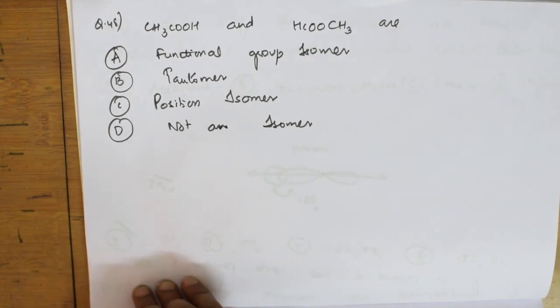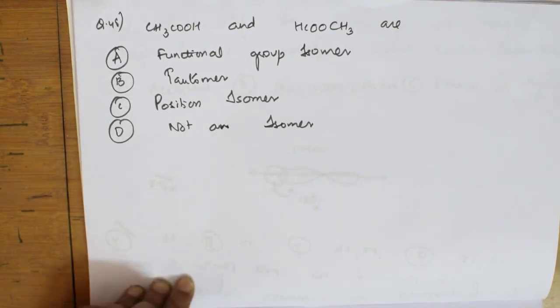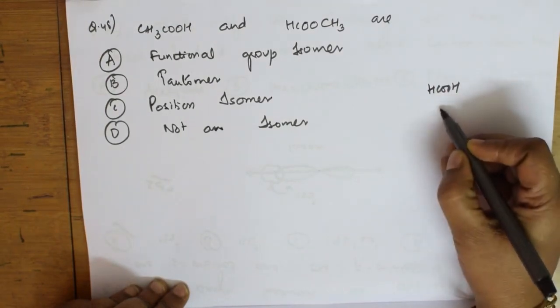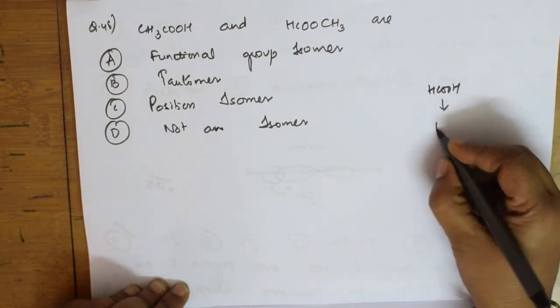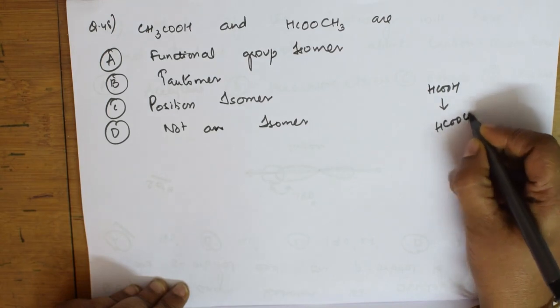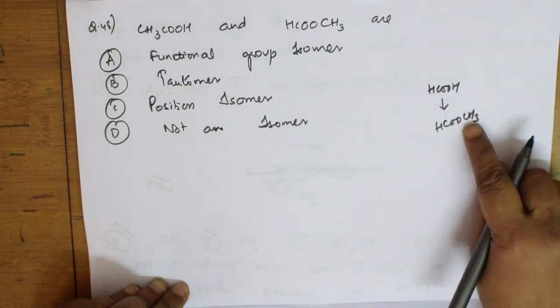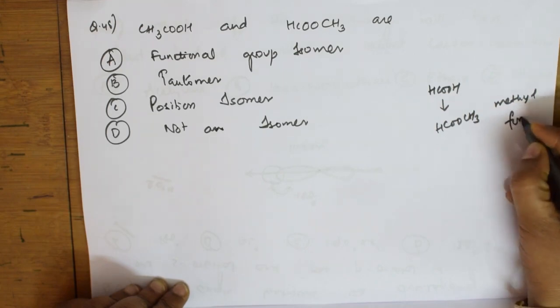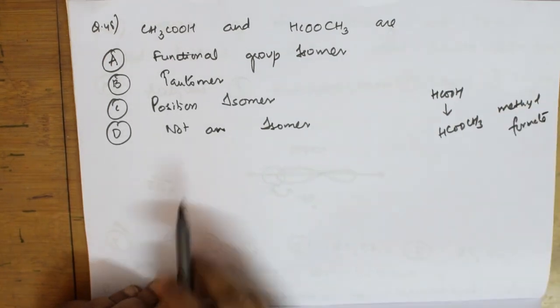Simple, remember HCOOH is formic acid. Now we have taken out H and written HCOOCH3. This is nothing but methyl formate.